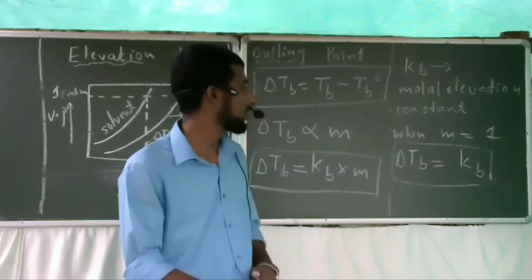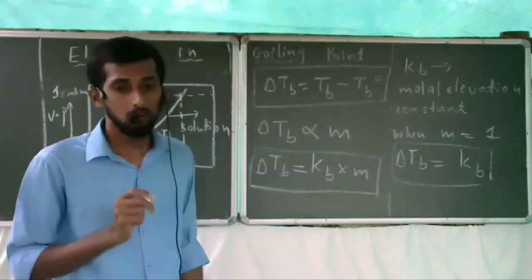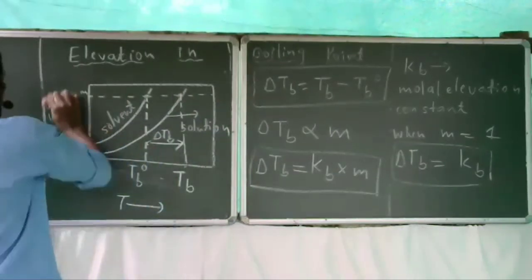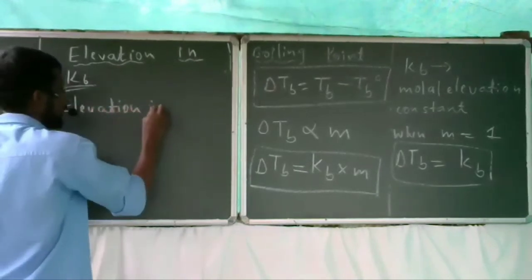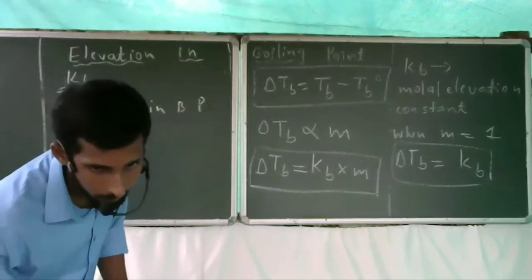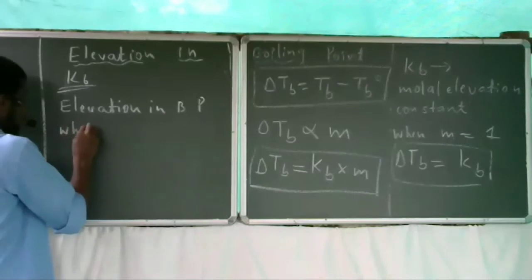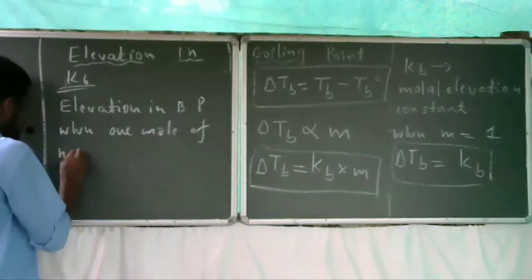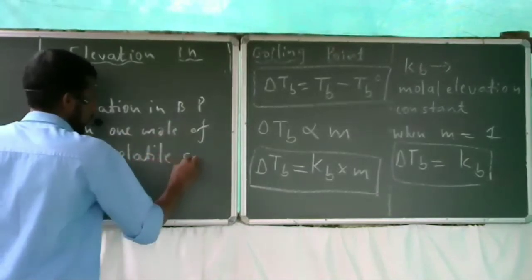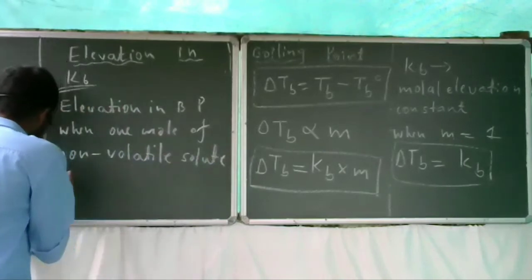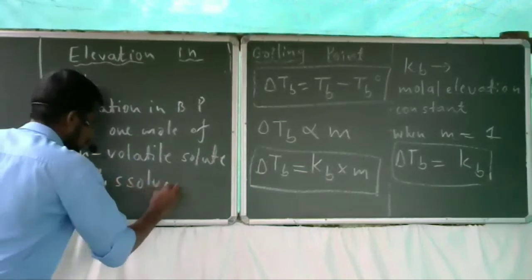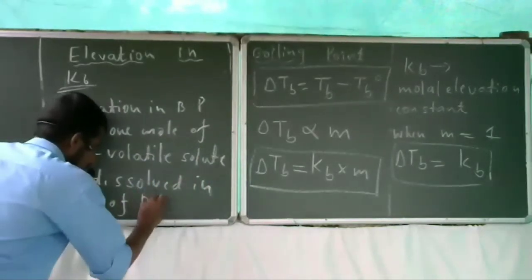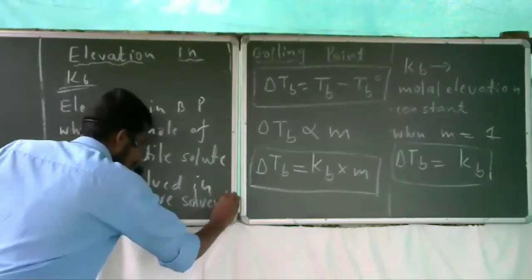So the molar elevation constant is defined as the elevation in boiling point when 1 mole of non-volatile solute is dissolved in 1 kg of pure solvent.